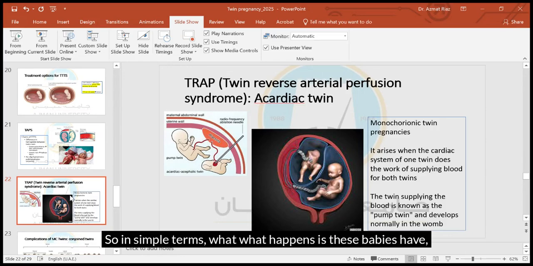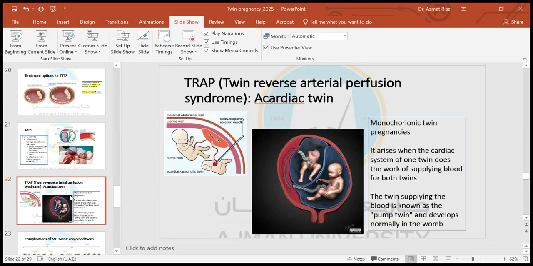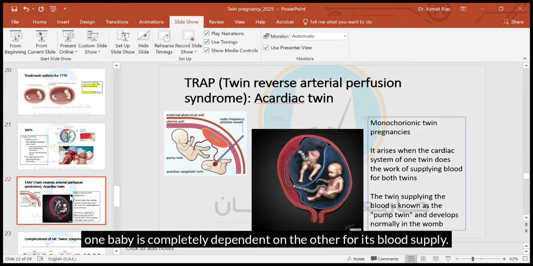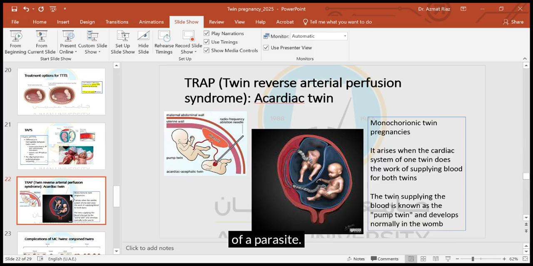So in simple terms, one baby is completely dependent on the other for its blood supply. The baby who is dependent on the other one is kind of a parasite.